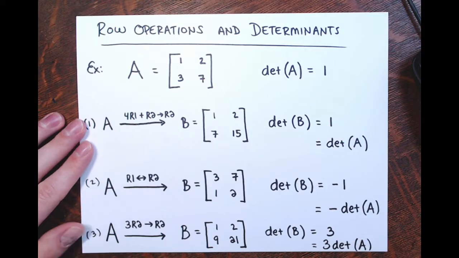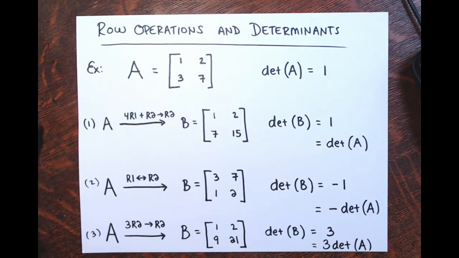Okay. So hopefully with this one example, again, a very small one, just a 2 by 2, you can see the effect of the row operations on the determinant of a matrix. And these apply to 3 by 3, 4 by 4, and so on, any square matrix. So one more time, going through these.